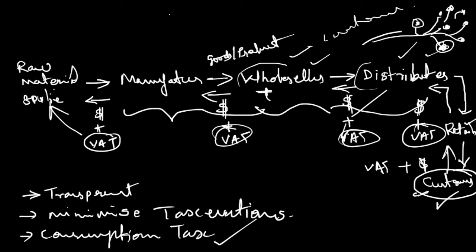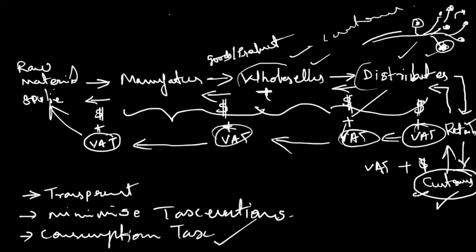So the objective is to avoid cascading, so that no one has to take all the burden, because as I said here, the tax paid to the raw material supplier will be taken from the manufacturer, from the wholesaler, right? So there is no burden.